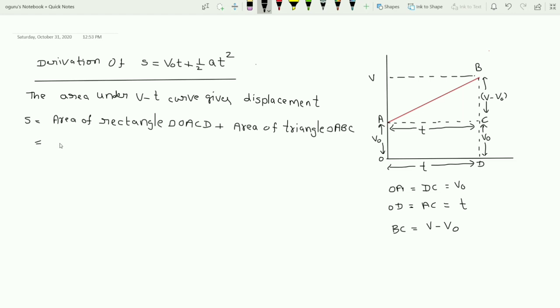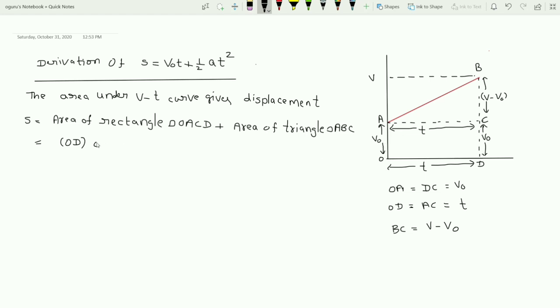We already know that the area of a rectangle is length into breadth. The rectangle is OACD. The length of this rectangle can be taken as OD or AC; let us consider the length as OD. The breadth of the rectangle can be taken as OA or CD; you can take OA.